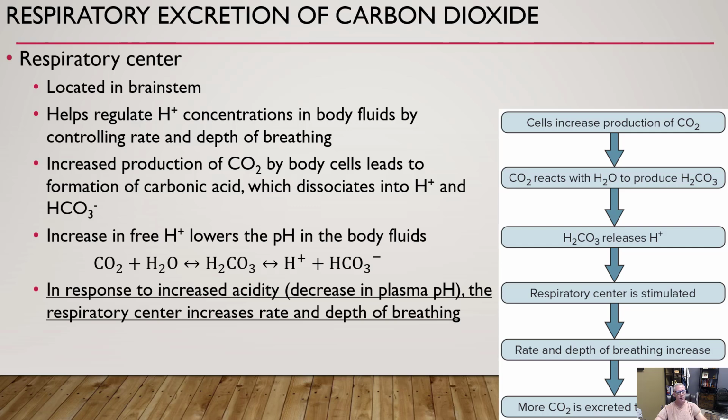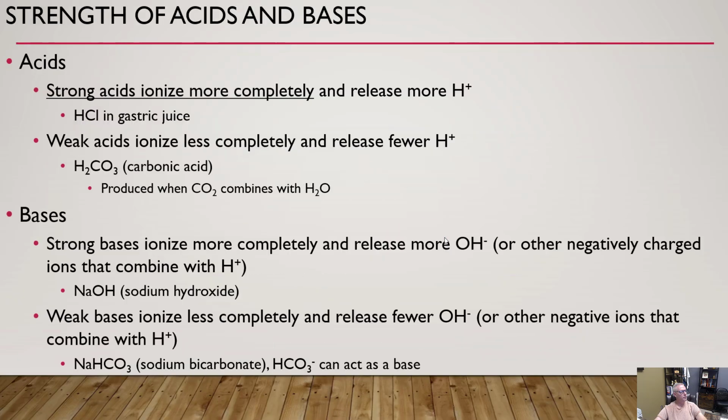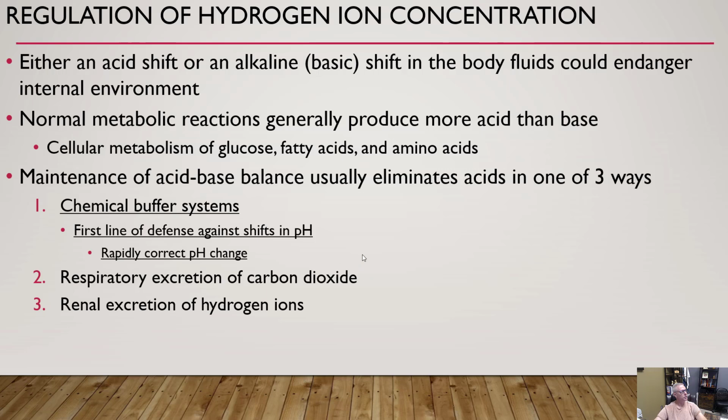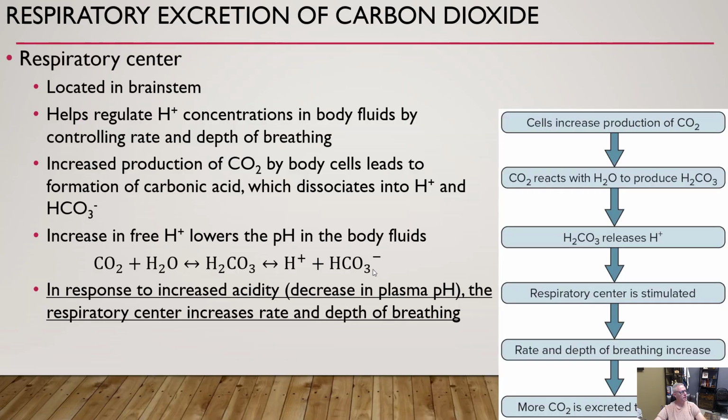All right, so the second one, we can come back up to this slide. So we talked about the chemical buffer system. The chemical buffer system was the bicarbonate buffer system, the phosphate buffer system, and the protein system. So now we're going to talk about the respiratory excretion of carbon dioxide.